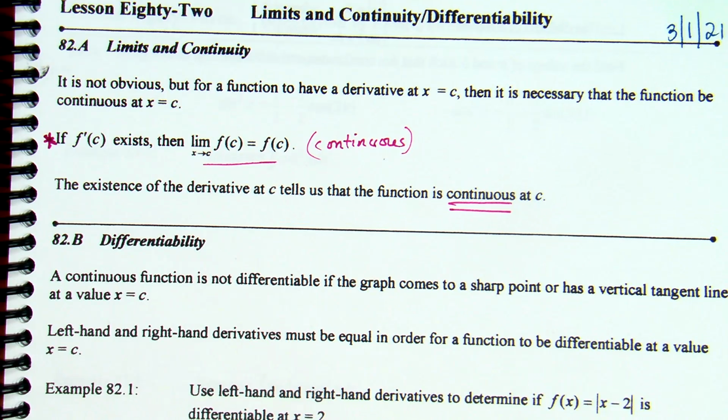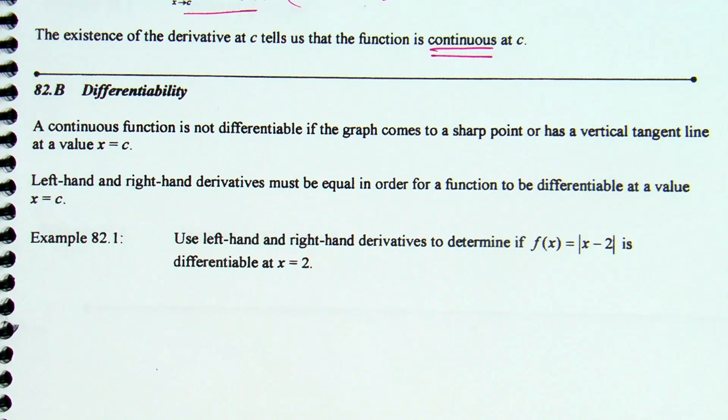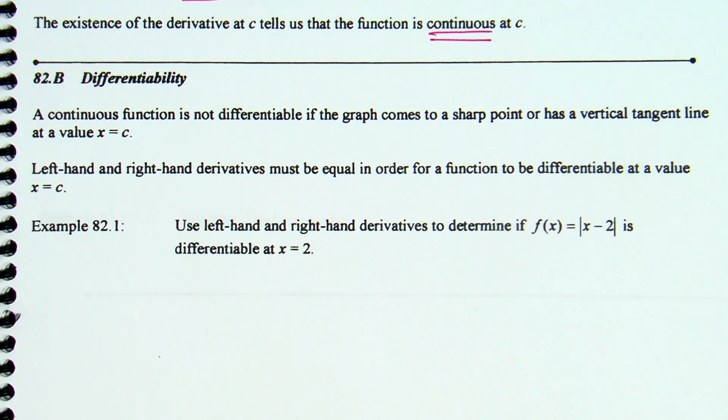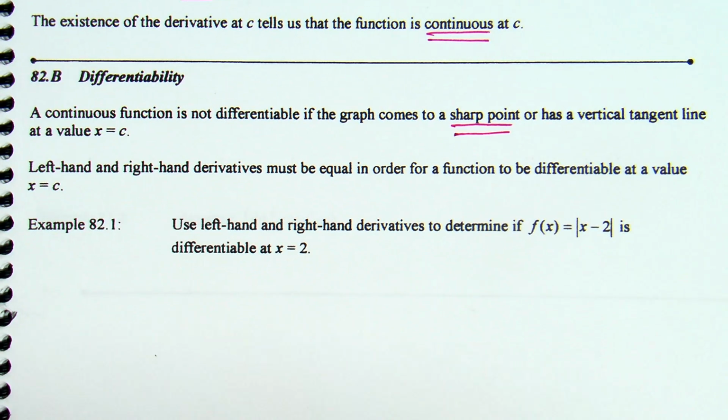Let's go down and talk here. B. Differentiability. A continuous function is not differentiable if the graph comes to a sharp point or has a vertical tangent line at value x equals c. We've talked about the sharp points before, I believe, that if there's a sharp point, you can't take the derivative.